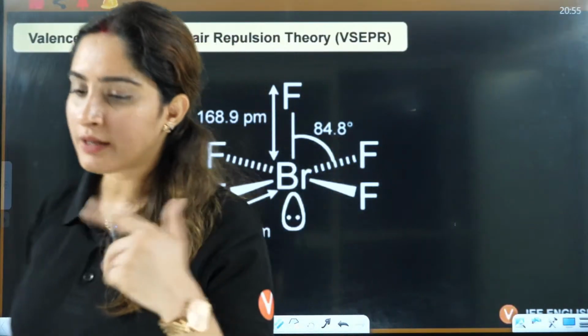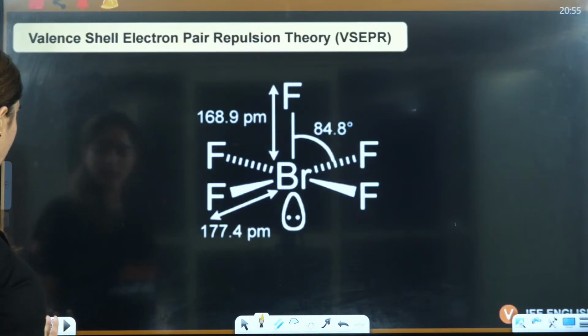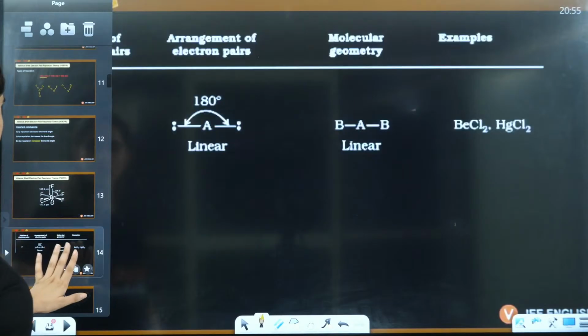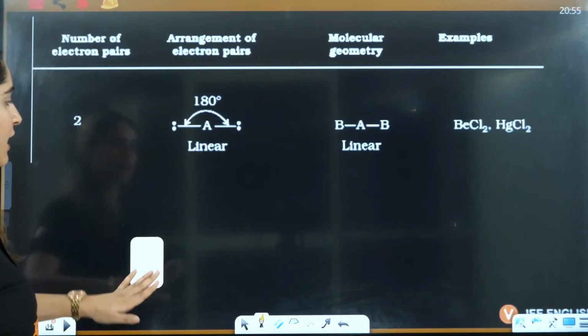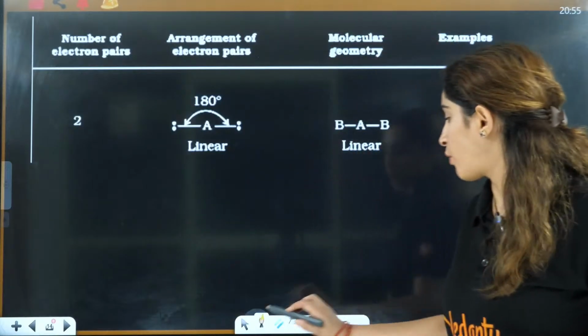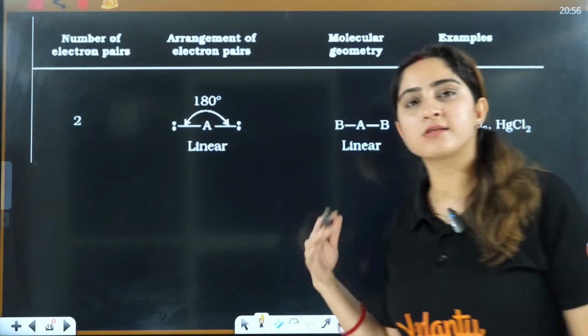Now, one by one we are going to discuss these cases. In the last example we'll go into what exactly BrF5 is. Firstly, let's discuss the different cases.